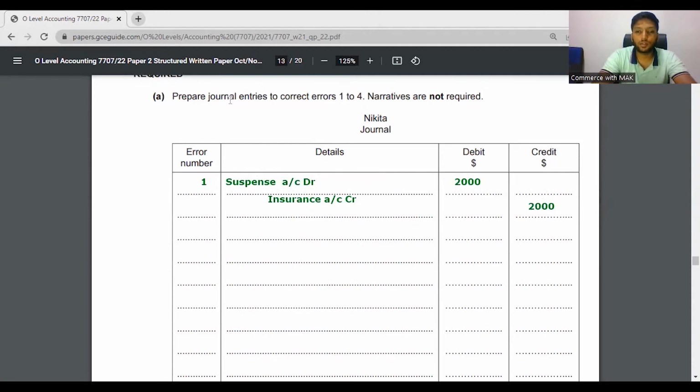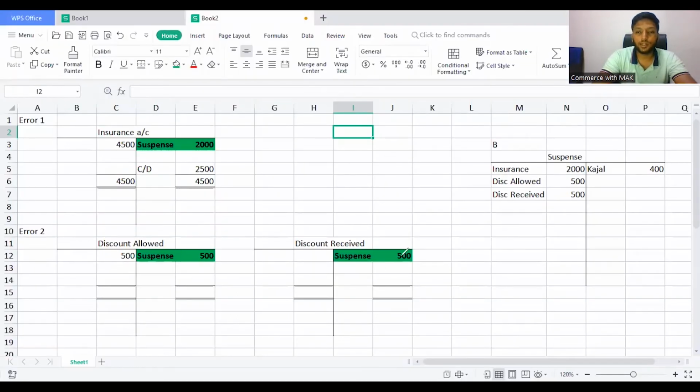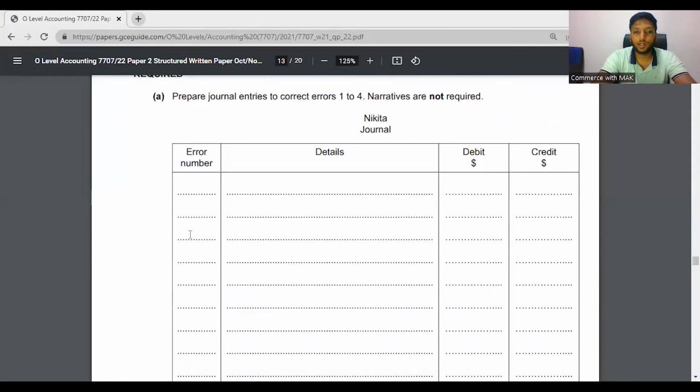What do we have on the second part? We have discount allowed account credit, discount received account credit, suspense account debit. So you can take it in total 1000, or you can take it as 500 each and show suspense account 1000. So I'll better show suspense 1000 and 500 on the second part. Here I will write the error 2. Then here we can write suspense account debit 1000 at a stretch.